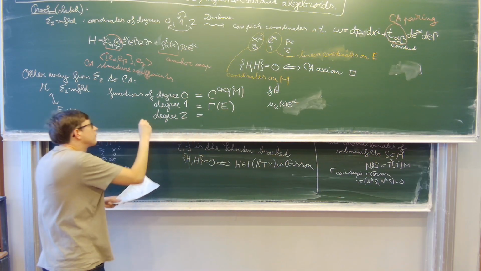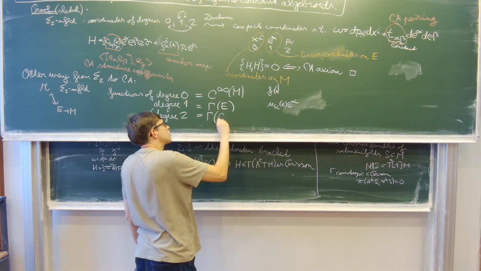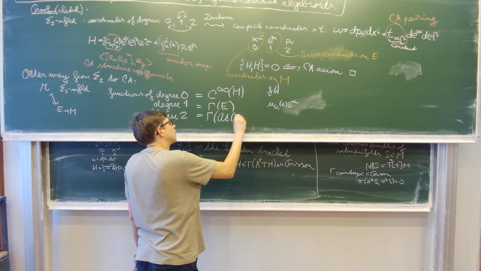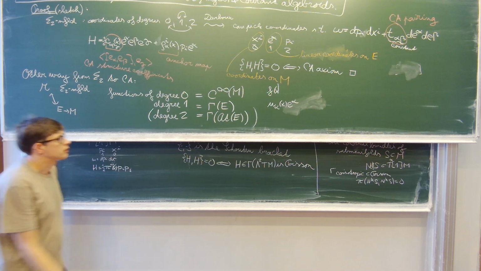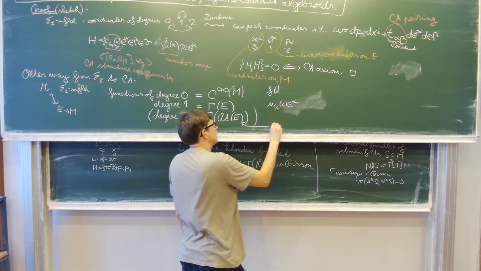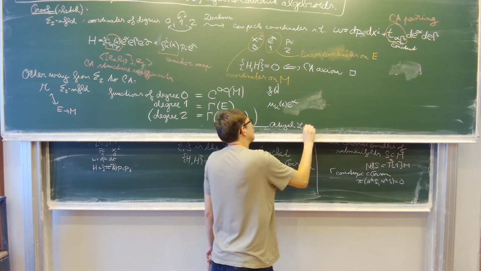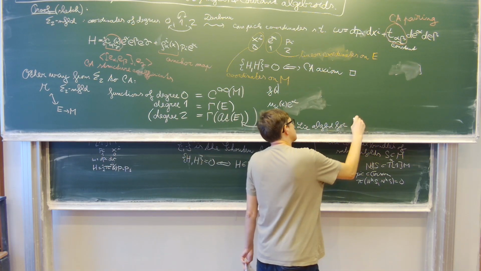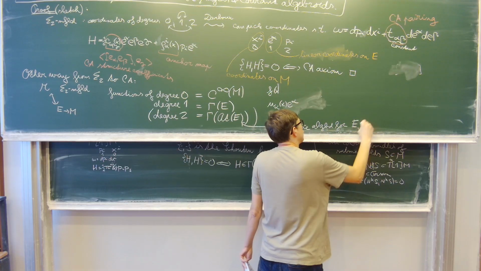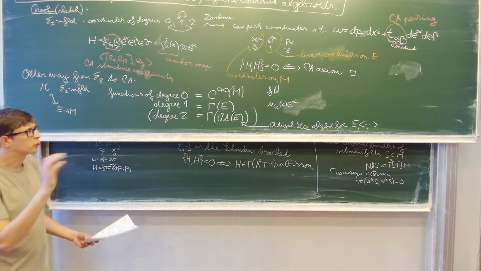And maybe I can go further, so I can say degree 2. This is just for experts, it won't be necessary, but this corresponds to the sections of the Atiyah algebroid of E. If you don't know what it is, don't worry. It's the algebroid constructed for the vector bundle E with pairing, or for the corresponding principal bundle.